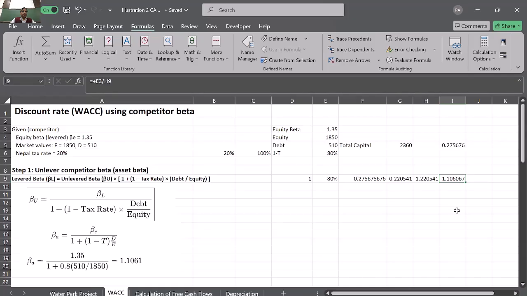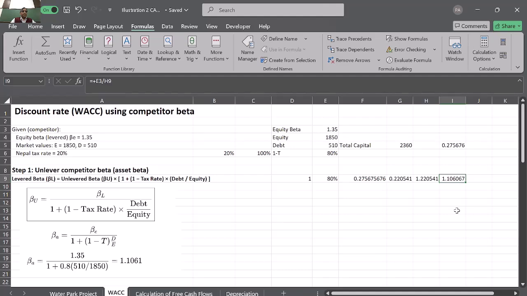Now to understand, the levered beta was 1.35 of the competitor. And the unlevered beta, that means the asset beta, should be low because the company is using debt. So we have got 1.1. So check that whatever answer you get, if you unlever it, the beta will get reduced. It was earlier 1.35, now it is 1.10. Is that clear to everyone? Just have a look at your Excel sheet and see how it has been calculated.